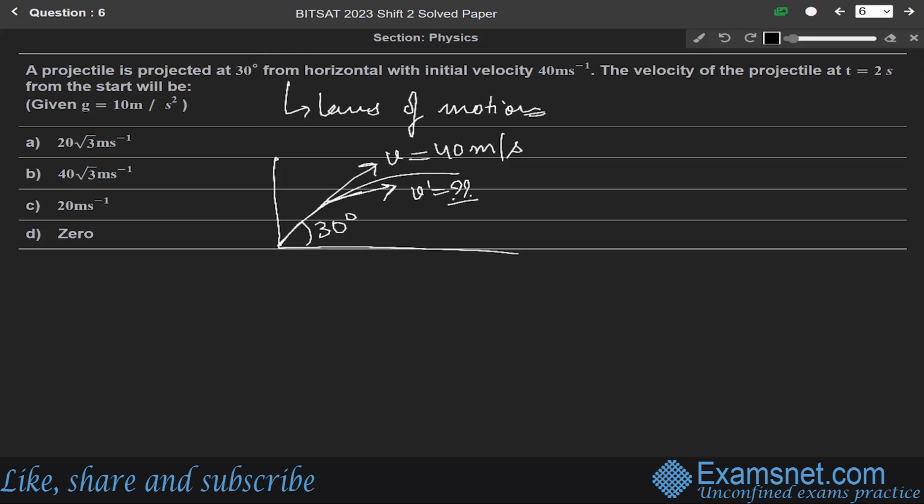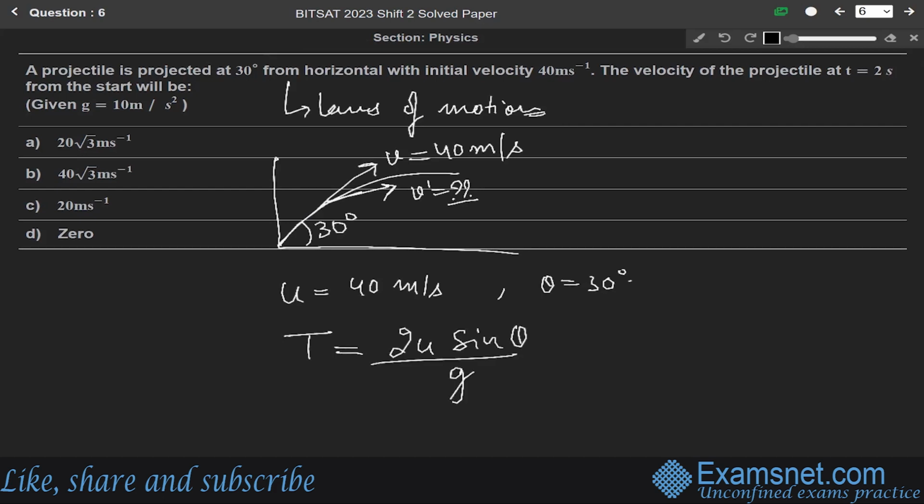Okay, so first of all, the initial velocity u is given as 40 meter per second, and the angle is given as 30 degree. So for the time of flight, we know the formula: it is equal to 2u sine theta over g. So it will be equal to 2 into 40 into sine of 30 degree over g, where gravity is 10.